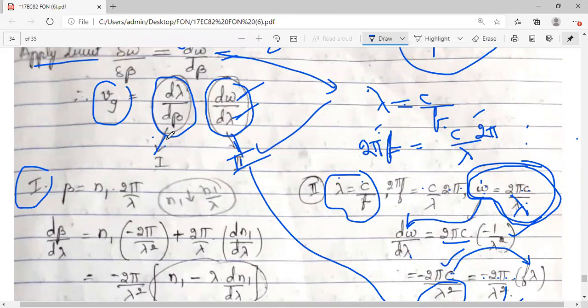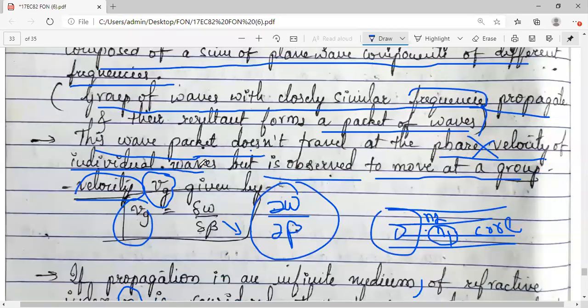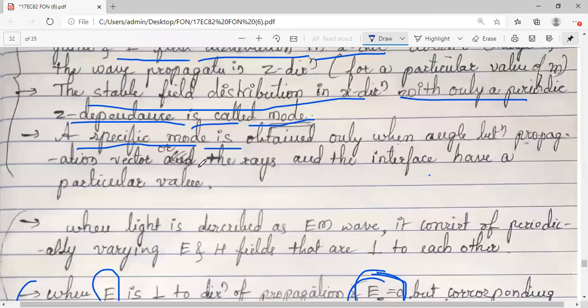Now, first differentiation, d lambda by d beta. Let's see how that can be done. I will make use of this equation. We have already seen beta is equal to n1 into k. There were two important things. Let me quickly show you that slide also.